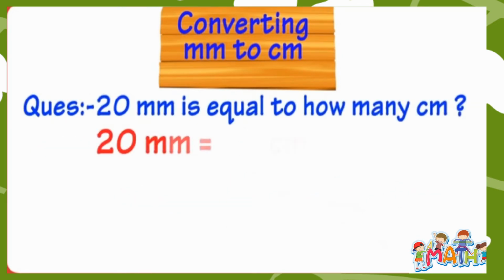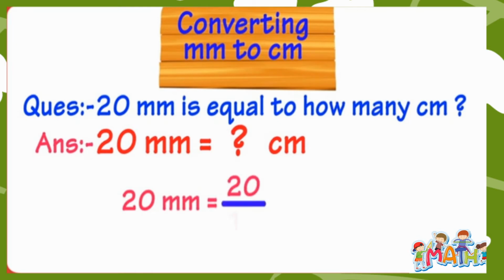Next is 20 millimeters is equal to how many centimeters? The same process, we will divide it by 10. So we have 20 millimeters is equal to 20 divided by 10. What is 20 divided by 10?